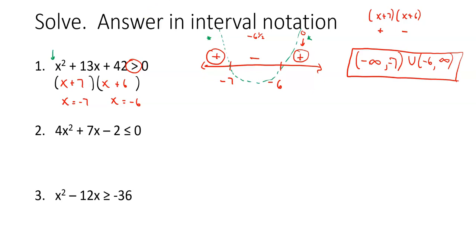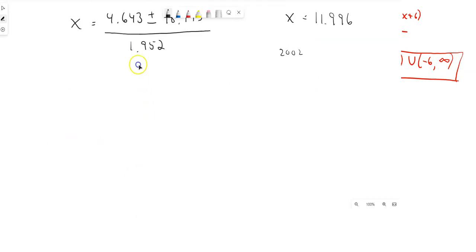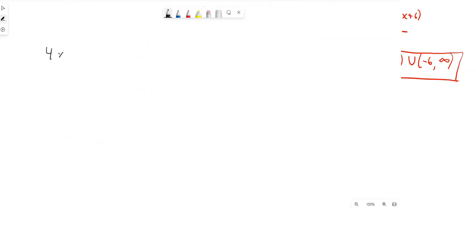For number 2, does that factor? We could try it with the AC method: 4x squared plus 7x minus 2. Let's see if we can factor that to find the boundaries.